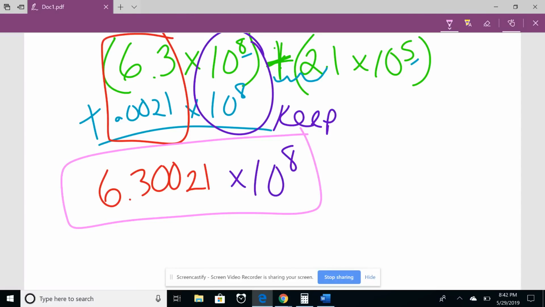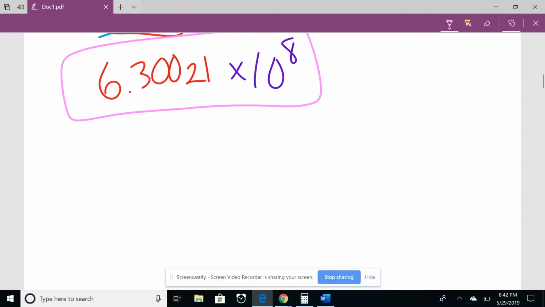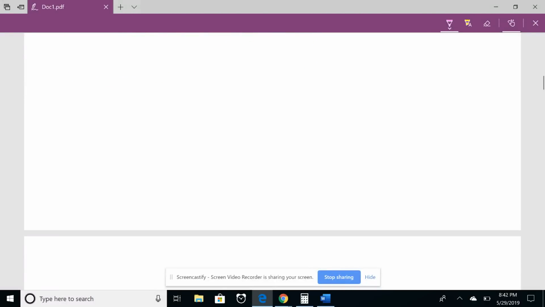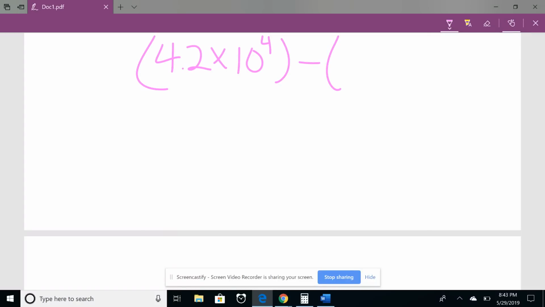Let's try one with subtraction. Really no difference. Let's do 4.2 times 10 to the 4th subtracted by 3 times 10 to the second.